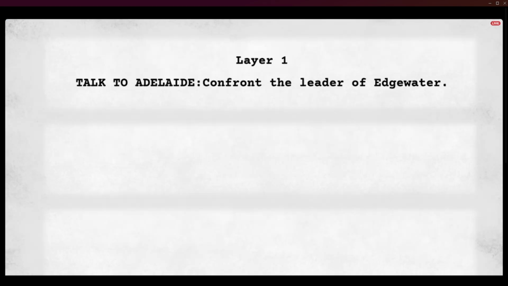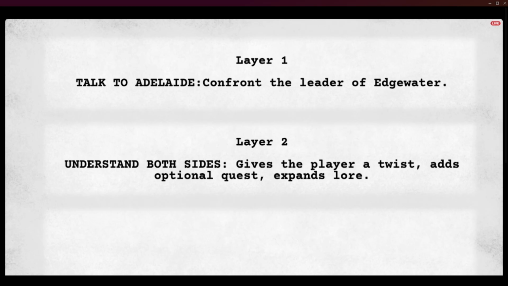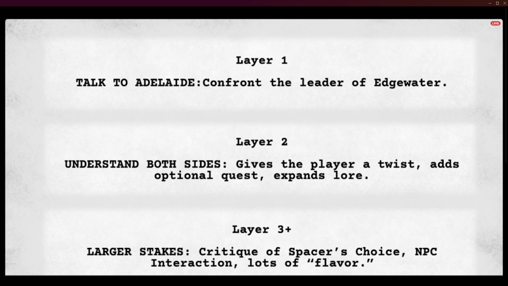So, initially, you're given some initial information, but then Spacer's Choice, the overarching galactic corporation bad guy of Outer Worlds, becomes more of a focal point of investigation. So the smallness of this singular quest or dispute is also layered with details of a much larger interplanetary struggle.